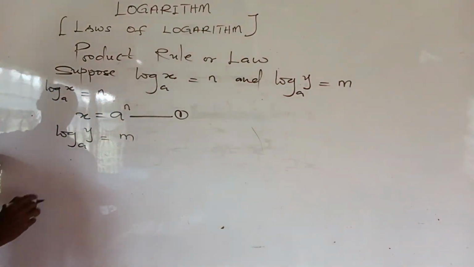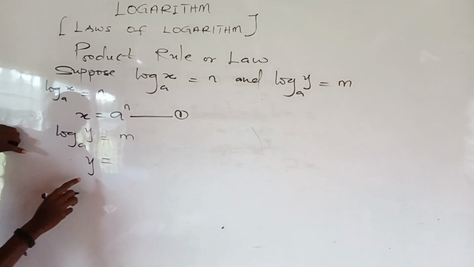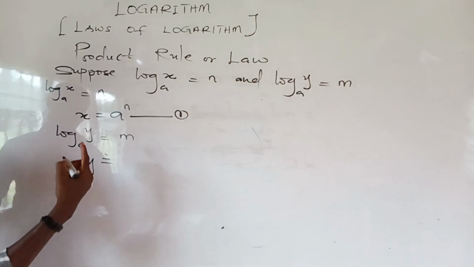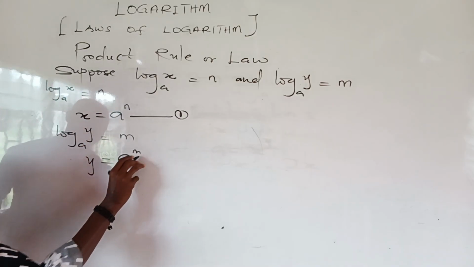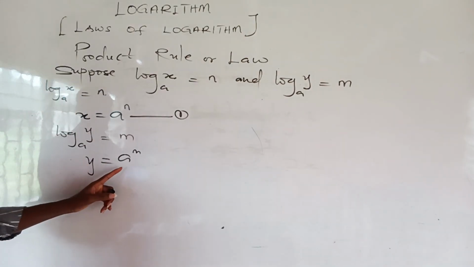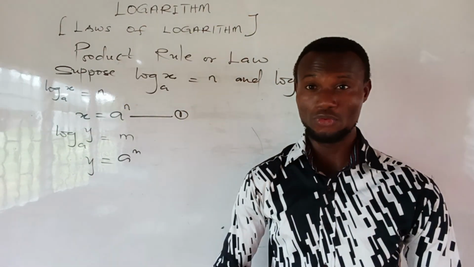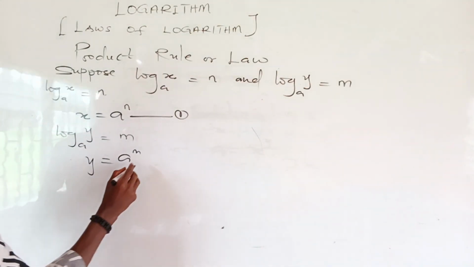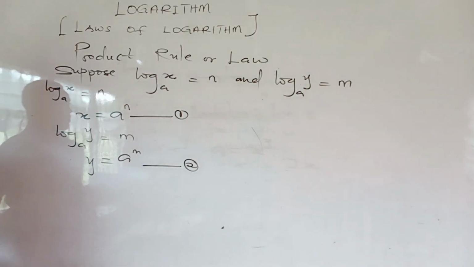All that you have to do is maintain your y, which is here, bring your equal sign, and this base a will come and carry the n as a power. So we have y equals a to the power n, and that is it. I hope you understand. We are going to label this as our equation 2.